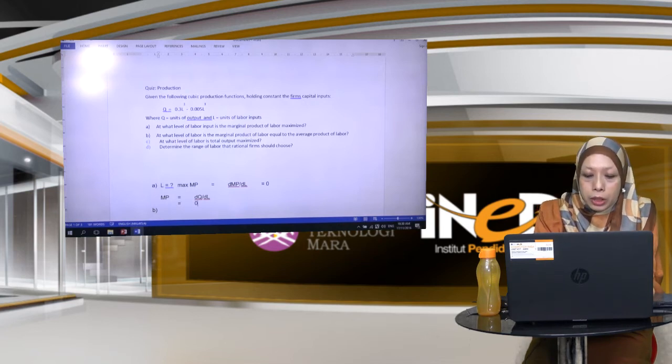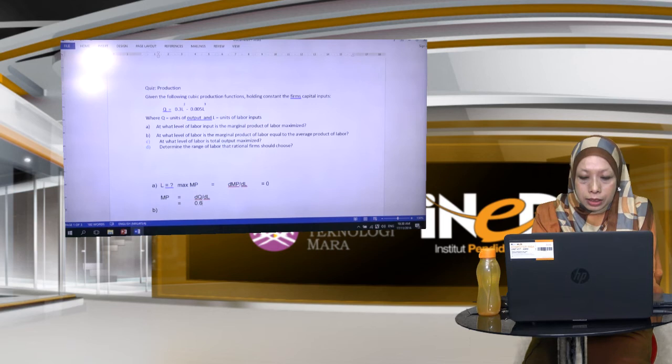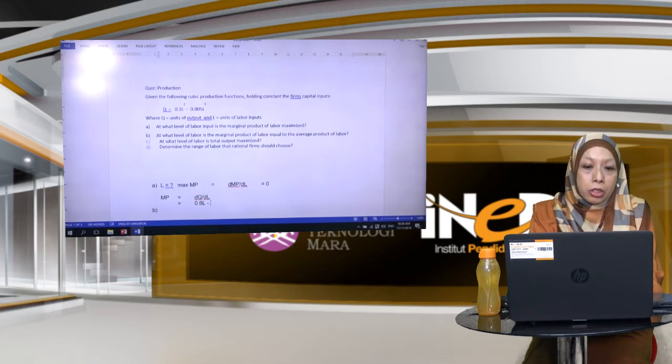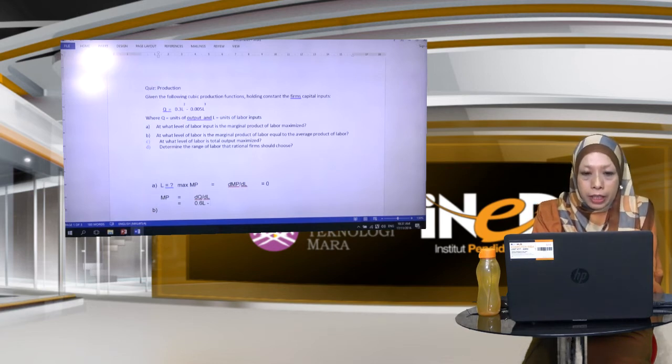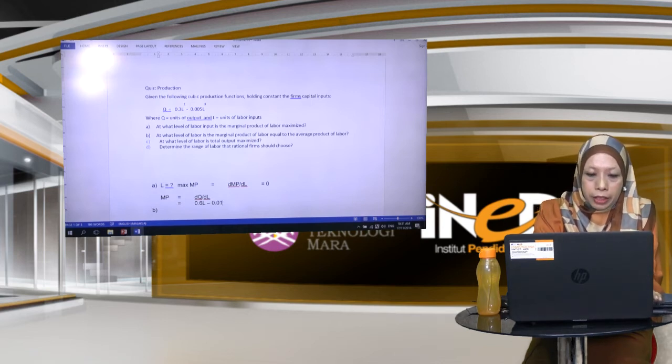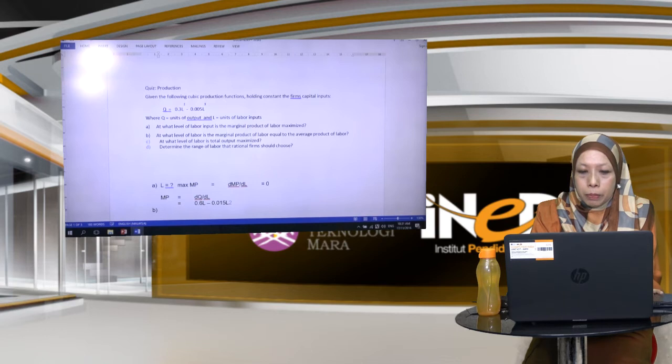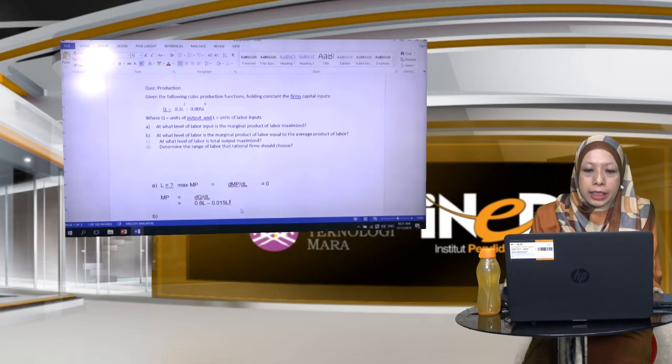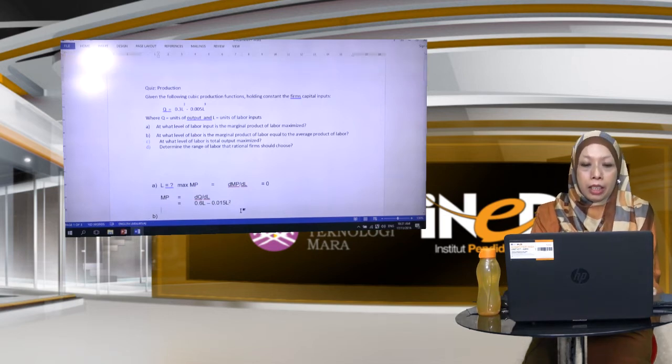That gives you 0.6 L. For the second component, 0.005 L to the power of 3, you again use the power function rule, and the derivative is 0.015 L to the power of 2.